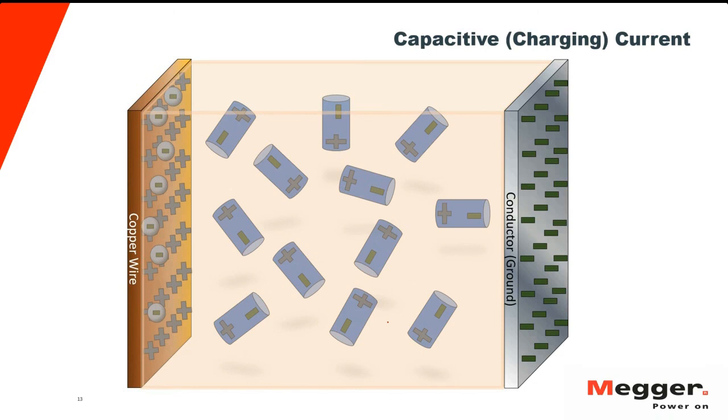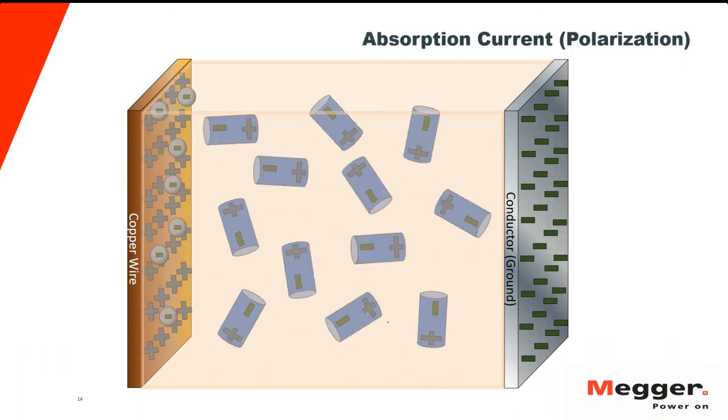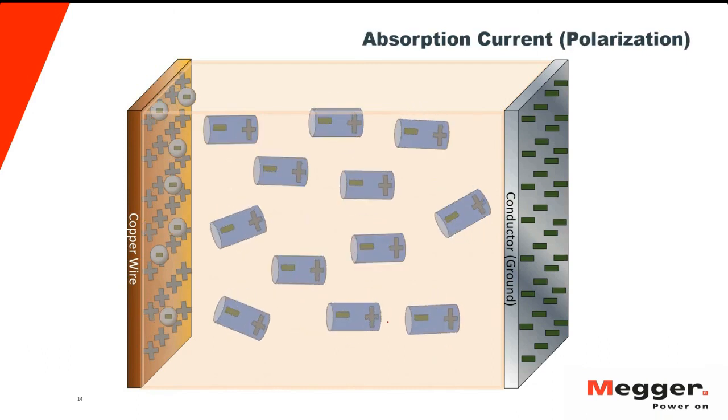The same thing happens at the same time: these dipoles align towards the opposite charge, towards the opposite polarity. Like in this one here, the negative towards the positive, the positive towards the negative. So it aligns.